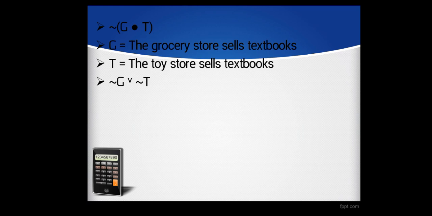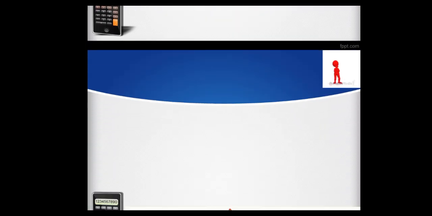Or we can say that not both the grocery and toy store sell textbooks. Neither the grocery store sells textbooks, nor the toy store sells textbooks. Or it is not the case that the grocery store sells textbooks or the toy store sells textbooks.